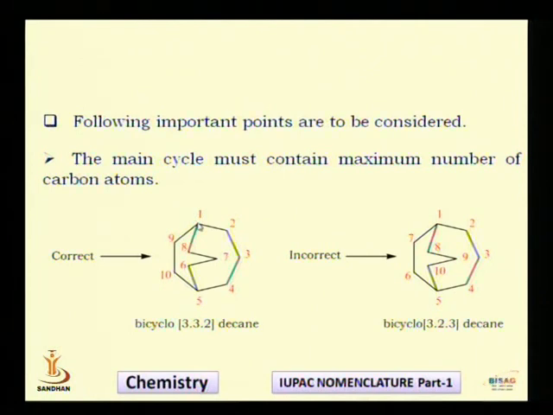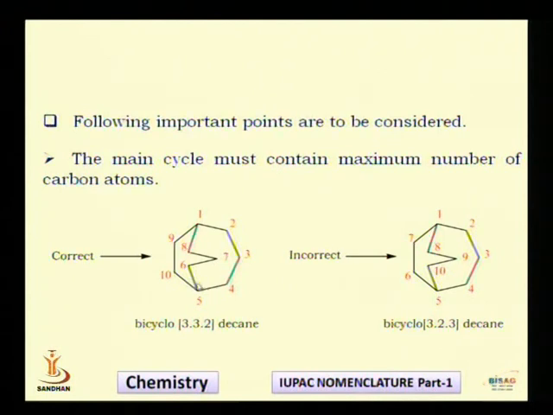When I write numbering from here, I will go over here, second, third, fourth, so I will reach number 5. But I have to return back. To return back to number 1, this is the longest path because there are 3 carbons, and this is the shorter path. So I cannot go by this shorter path. My numbering will be continuous on this path. So this is 6, this is 7, this is 8. Now my main cycle is this one.